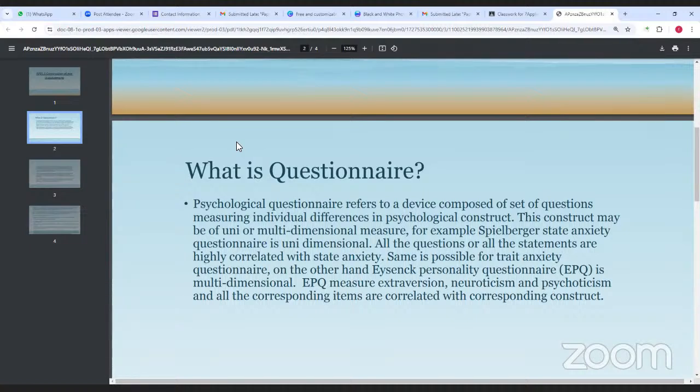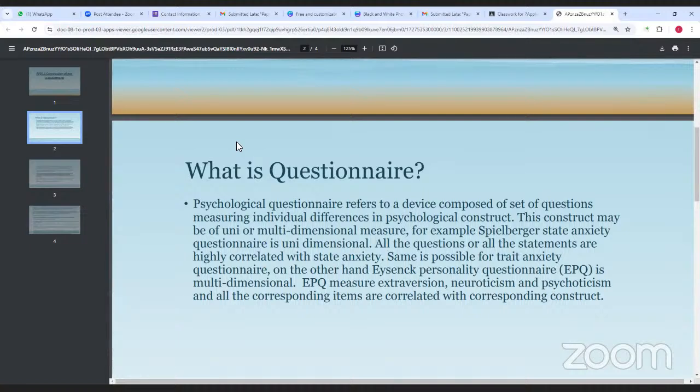Construct means abstraction of the concept. Unidimensional means only one concept, only one area that will be assessed by all the items of the questionnaire.